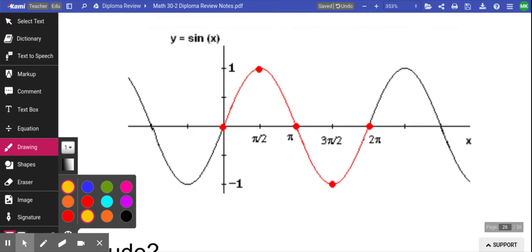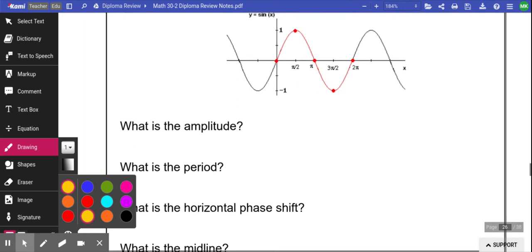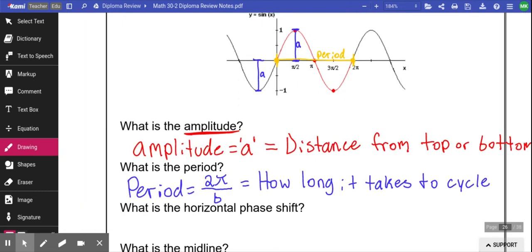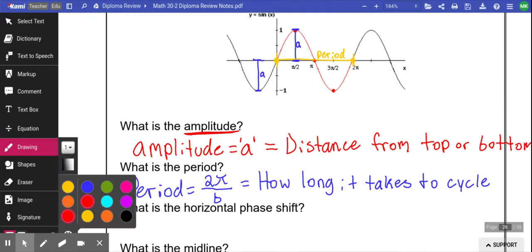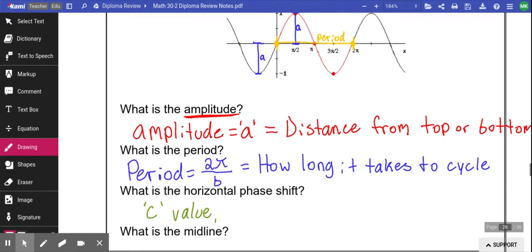The third thing we want to learn is a horizontal phase shift. You really don't need to know too much about horizontal phase shifts. They relate to something called your C value, and it moves the graph left or right.